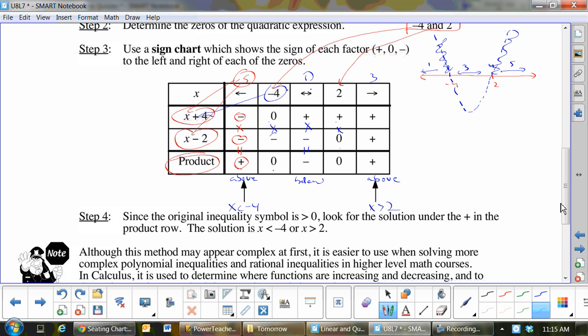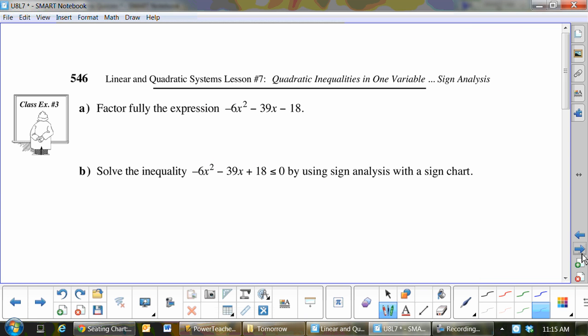Now, I want to do one more because this one is a little bit more difficult because we have to factor it. Now, how would you factor this? What did I say always do first? Take out a common factor. What can come out of all of them?